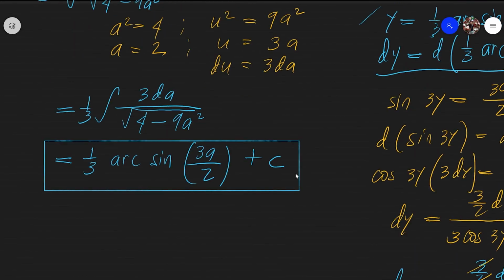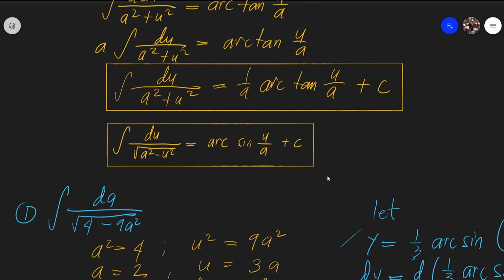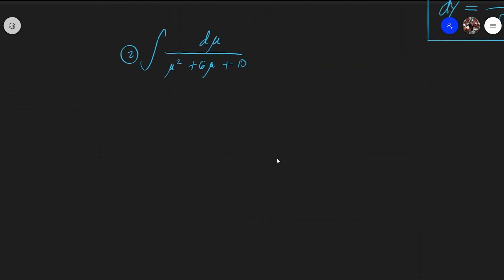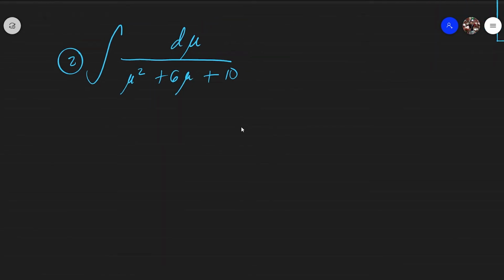Because if we go back to the formula given, only the arctangent does not involve a square root, right? Your arcsine involves the radical. Based on the given function, the denominator does not contain the radical sign. So, therefore, you can use the inverse tangent.